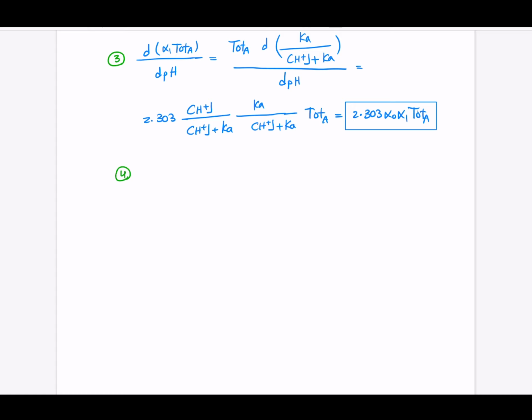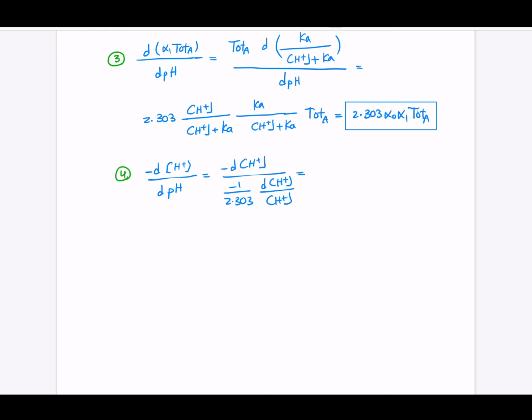So the fourth one is minus dH plus over dpH, or minus dH plus over what we had, 1 over 2.303 dH plus over H plus.